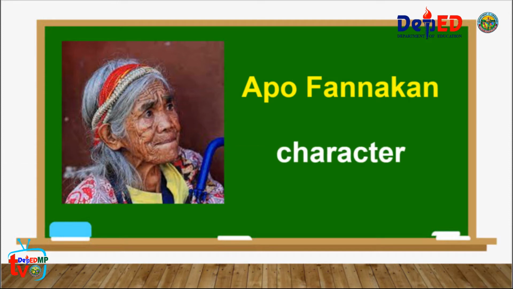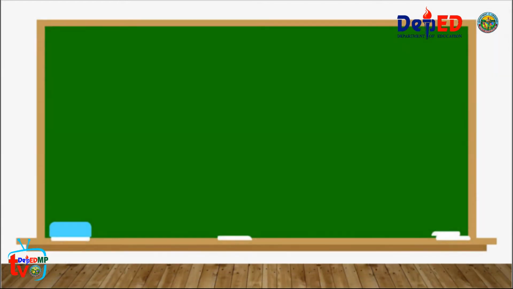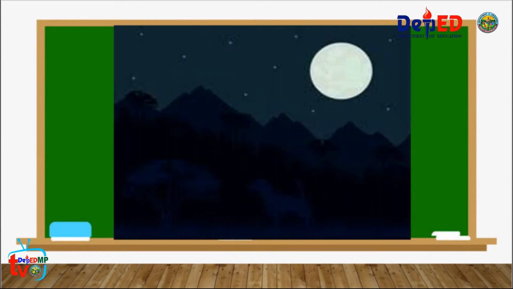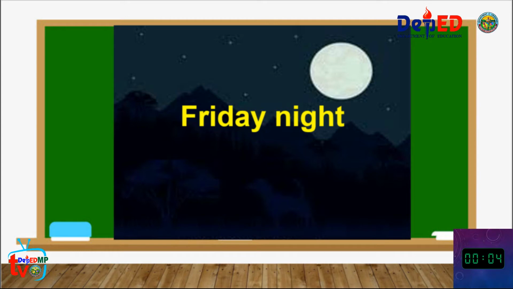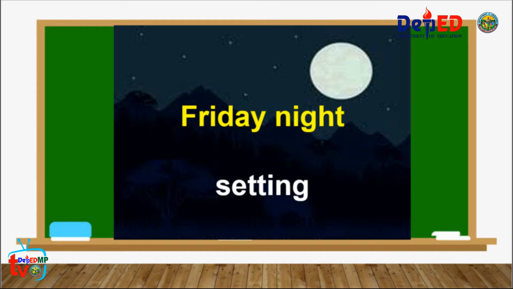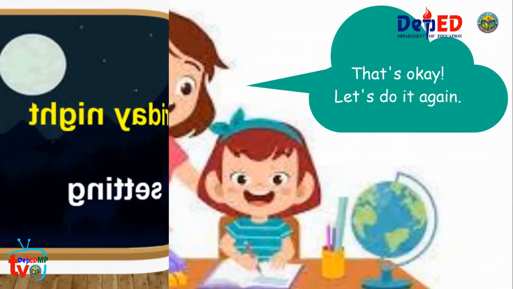Right again. Apo panakan is an example of a character. Lastly, what about Friday night? Very good. Friday night is a part of the setting.